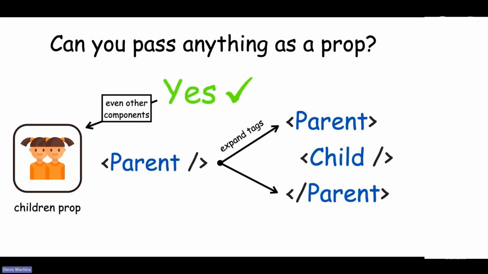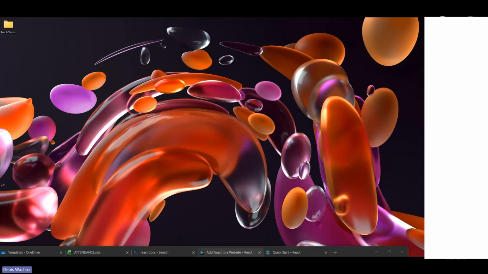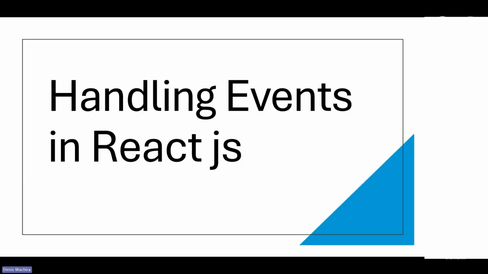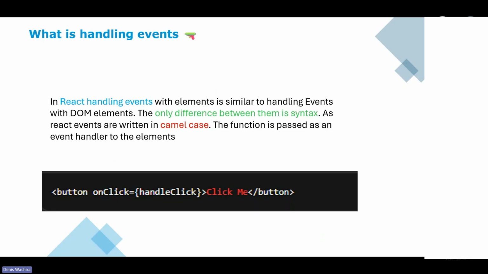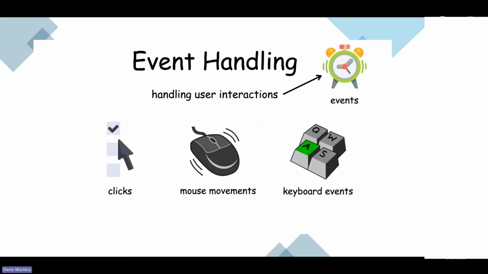Then after that, we will jump into another concept, which is very similar to what we did in JavaScript and TypeScript, which is handling events, the same as whatever we did there. So the events are like the mouse click, the mouse movement, and the keyboard event.